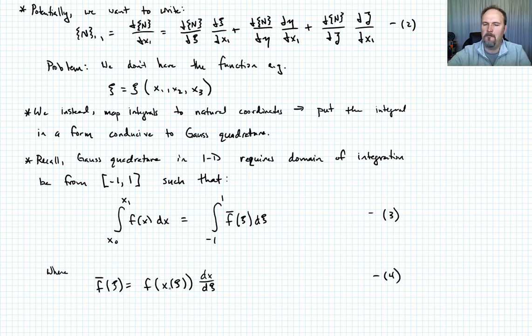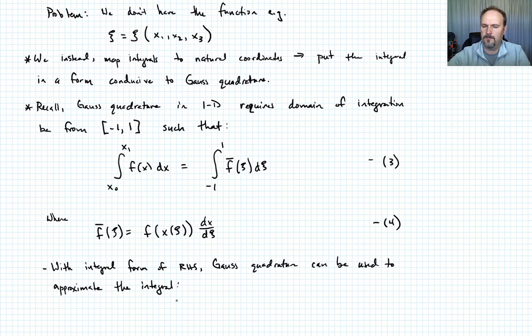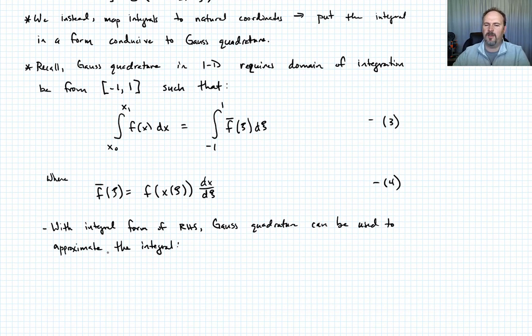Okay? Now, once we have it in this form, with the integral form of the right-hand side, Gauss quadrature can be used to approximate the integral. Right, and if we do that, let's write the right-hand side here again.